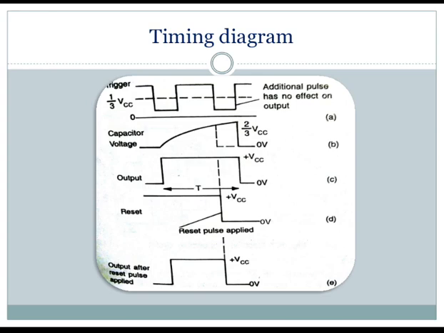And then after some time period t, again it is going to discharge from the high state to the low state. But there may be one complication of applying a reset terminal. If a negative going reset pulse is applied on pin number 4 during the timing cycle, the transistor Q2 goes off and Q1 becomes on, and the external timing capacitor C is going to discharge immediately, or abruptly.